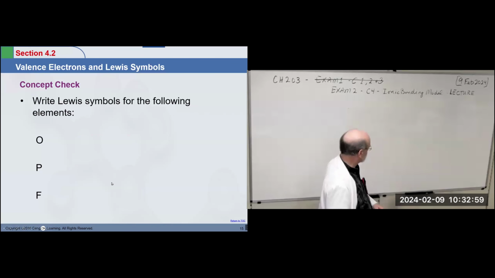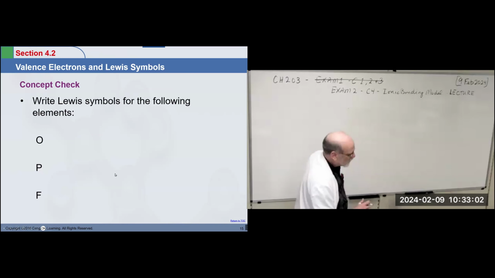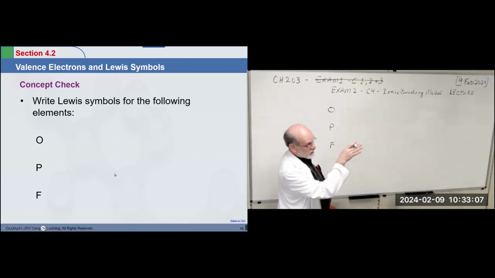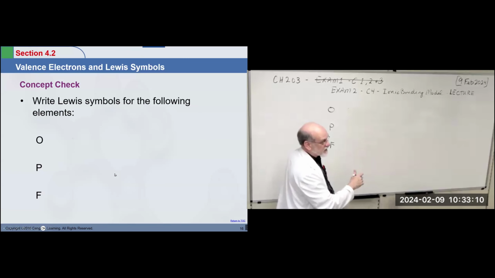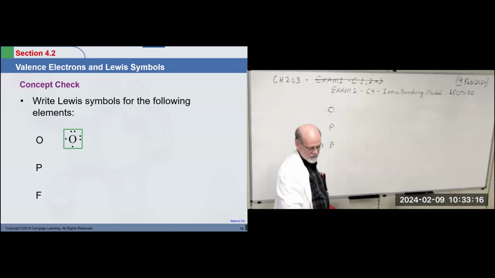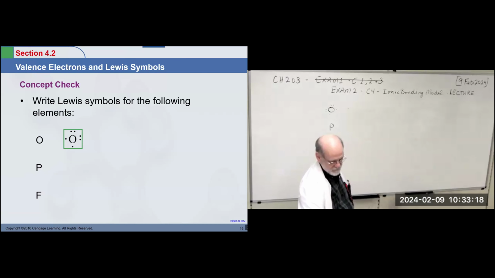Okay, now let's write the Lewis symbols for these, O, P, and F. So for oxygen, we look at its column, and it has a 6 Roman numeral. 1, 2, 3, 4, 5, 6. Here we go.